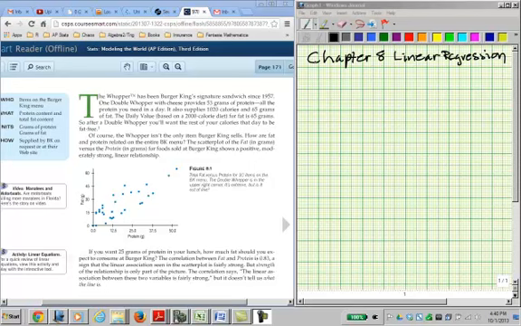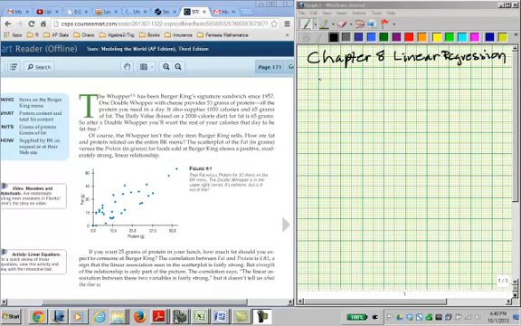And so here's the association, and here's the scatter plot, and you can see that it's moderate, positive, and straight. Now, the correlation would be fairly strong, but where does the line come from?